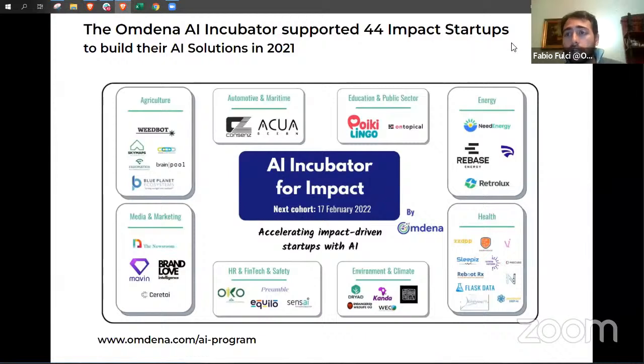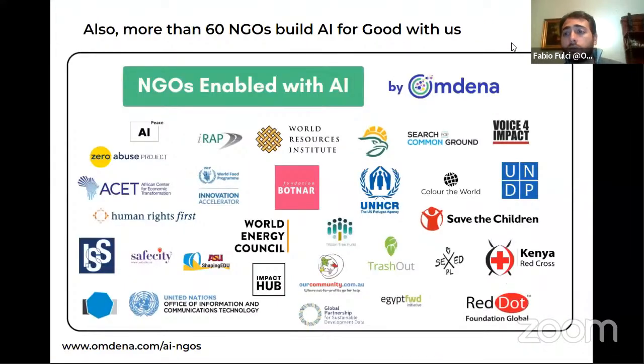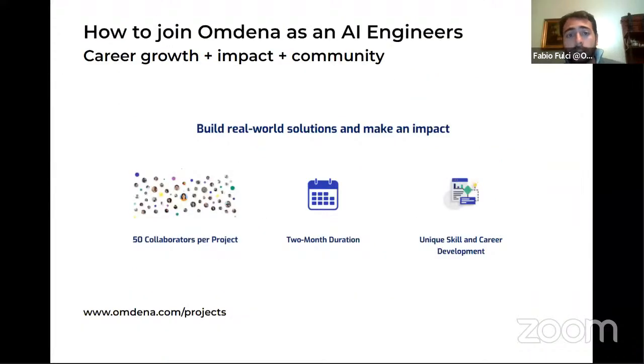We are also, as an organization, partnered with NGOs. We have worked on impact AI projects with many large non-profit organizations like Save the Children, the United Nations Refugee Council, and many others.